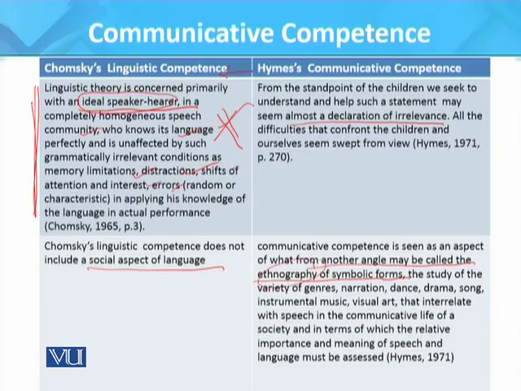Ethnography, we all know, is the study of people, their culture, their norms, and the study of a variety of genres, narration, dance, drama, song, instrumental music, or in fact everything that constitutes a society, and in terms of which the relative importance and meaning of speech and language must be assessed. So it says that it is the society in which the relevant language needs to be practiced and should be assessed in terms of fulfilling a communicative function.